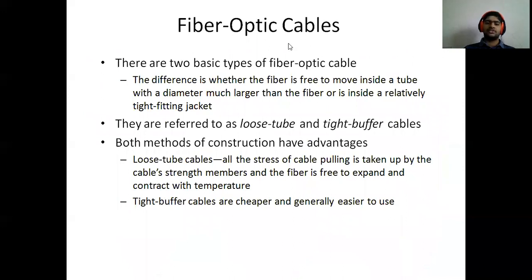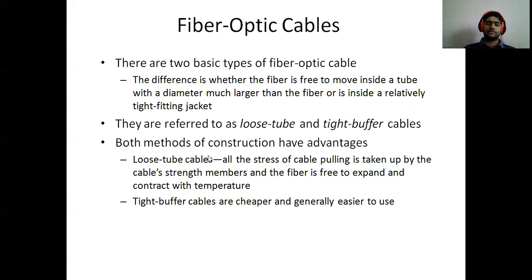Fiber optic cables. There are two basic types of fiber optic cable. The difference is whether the fiber is free to move inside a tube with a diameter much larger than the fiber or is inside a relatively tight fitting jacket. They are also referred to as loose tube and tight buffer cables. Both methods of construction have advantages.